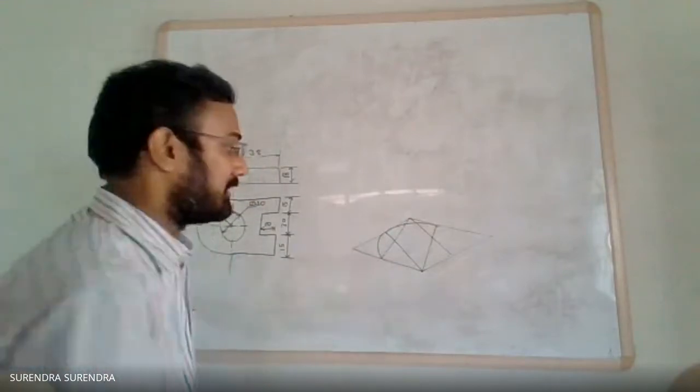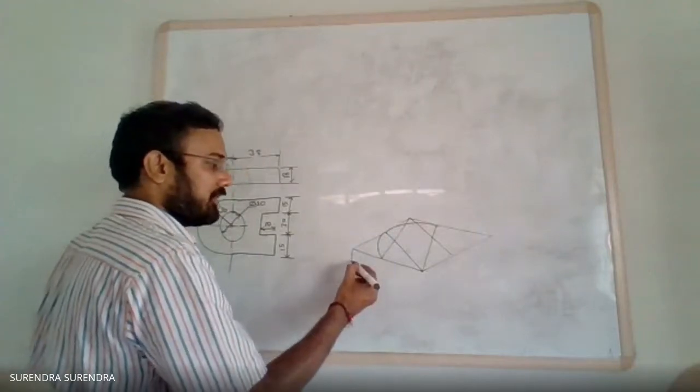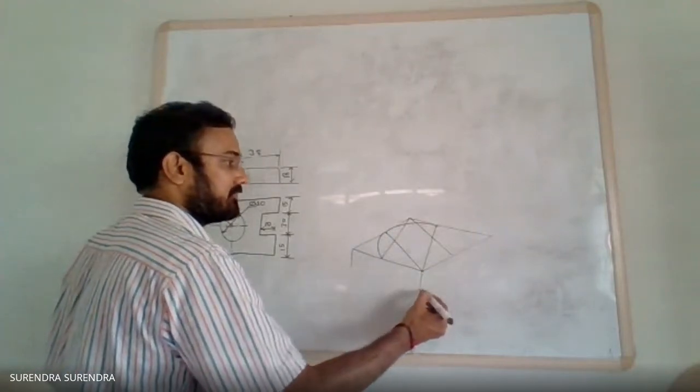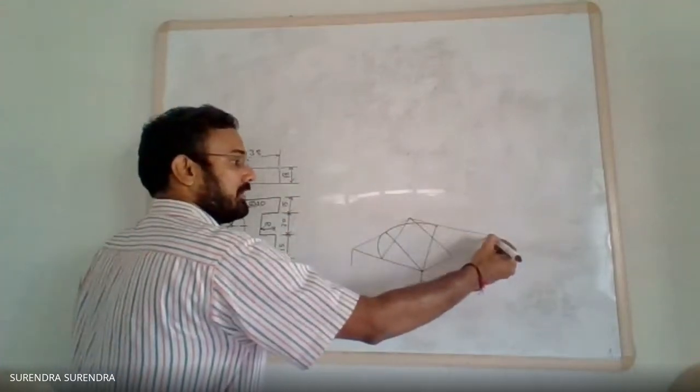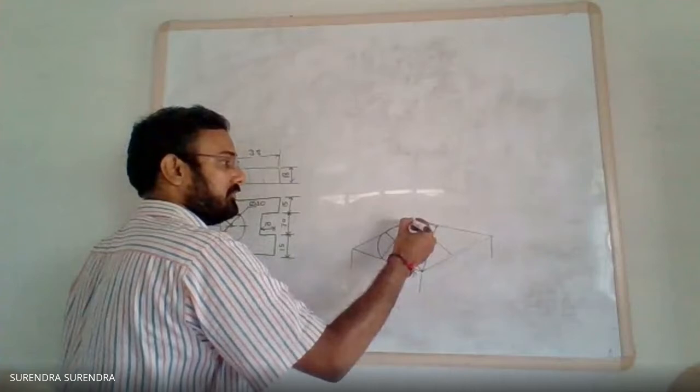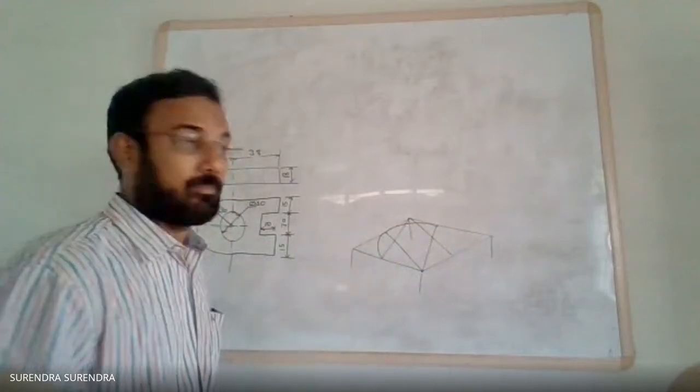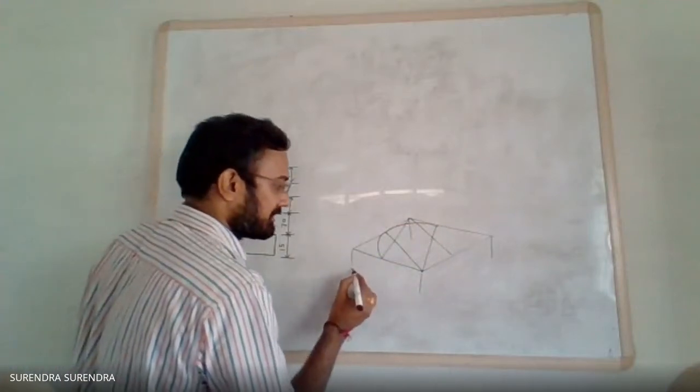After these two are done, extend every corner for 18 mm downward, because the total height is 18 mm. So extend each and every corner 18 mm downward and repeat the same process.